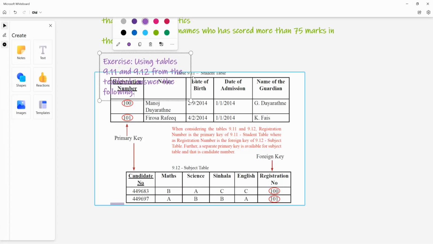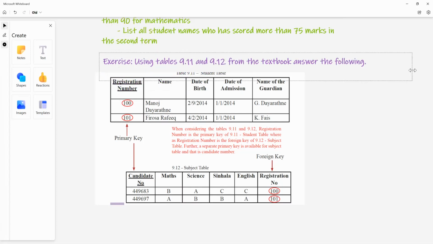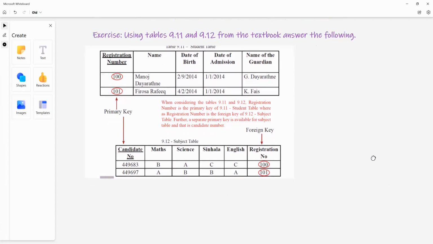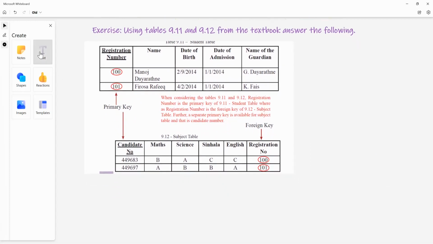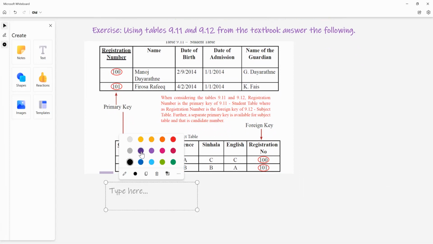I need you to answer these questions. The data is already given to you. Here is the first one: list the name and date of birth of all the students.